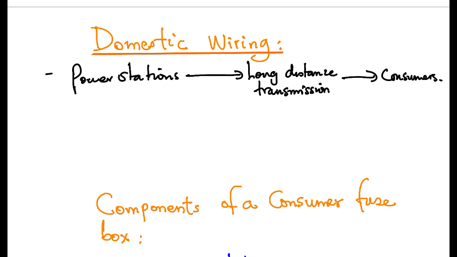So as stated earlier, at the power stations, electrical power is produced at 11 kilovolts. It is transmitted over long distances through a step-up to about 132 kilovolts.